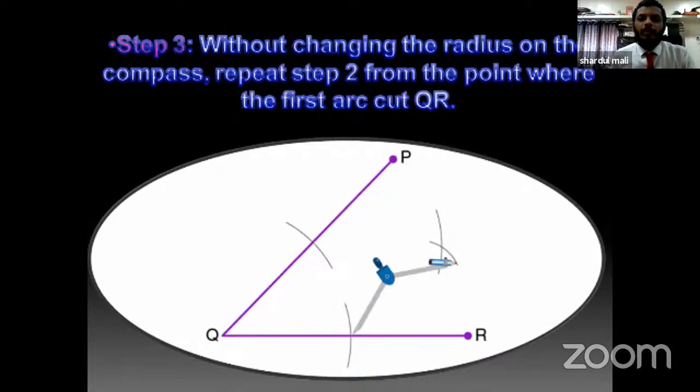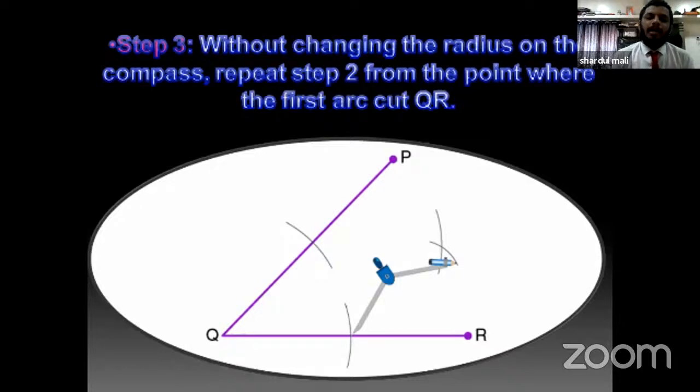Next step, without changing the radius on the compass, repeat step two from the point where the first arc cut the ray RQ or QR.